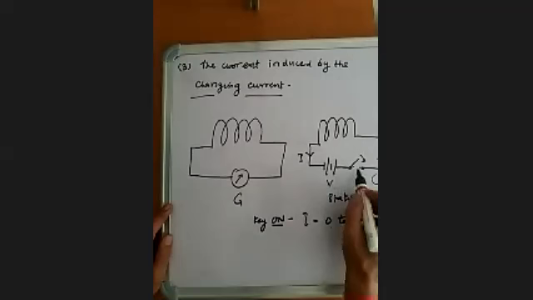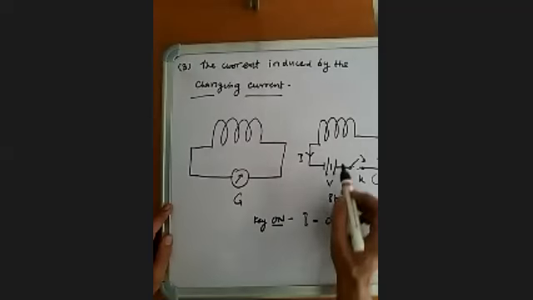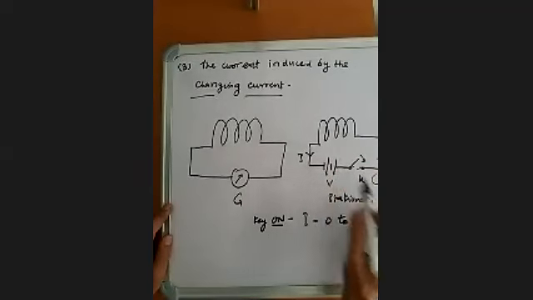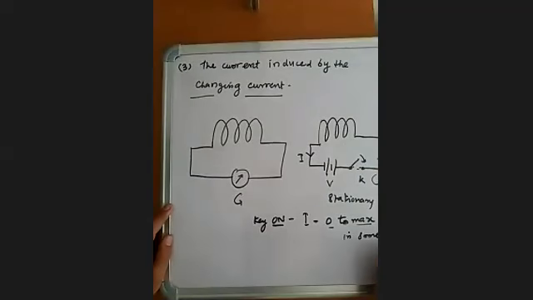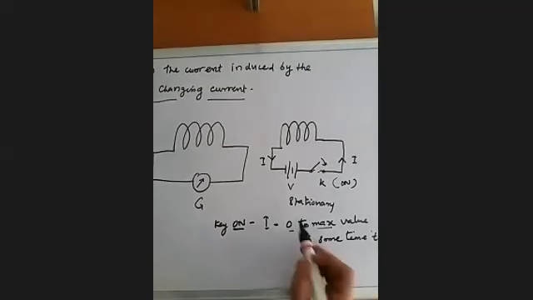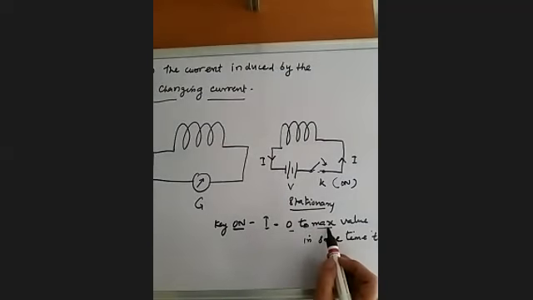According to the resistance, the current adjusts and finds its maximum value in some very small time t. That is how the current increases from 0 to maximum.